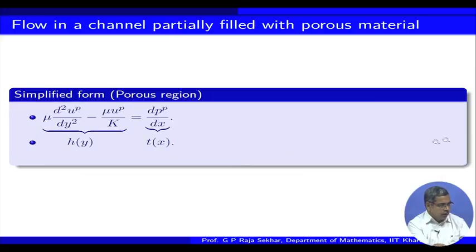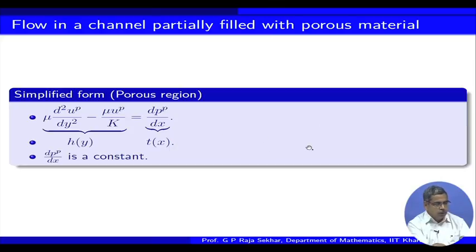Now the porous region, again if you simplify, we get that this is a function of y and this is a function of x. So, again the corresponding pressure gradient is constant. So, we have a unidirectional assumption both in the clear flow region as well as the porous region.